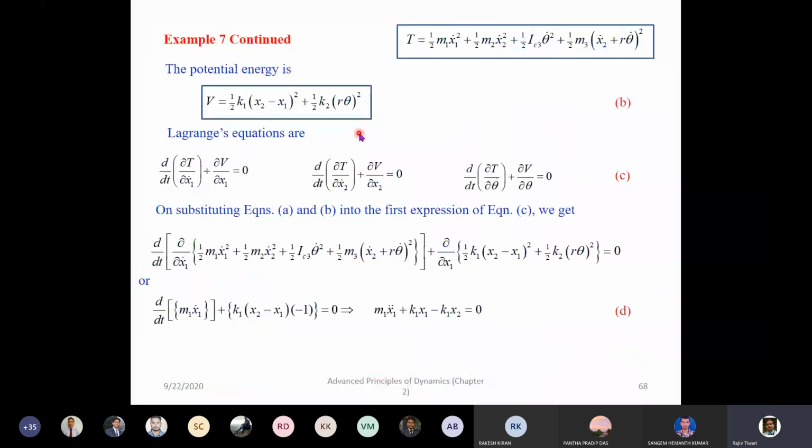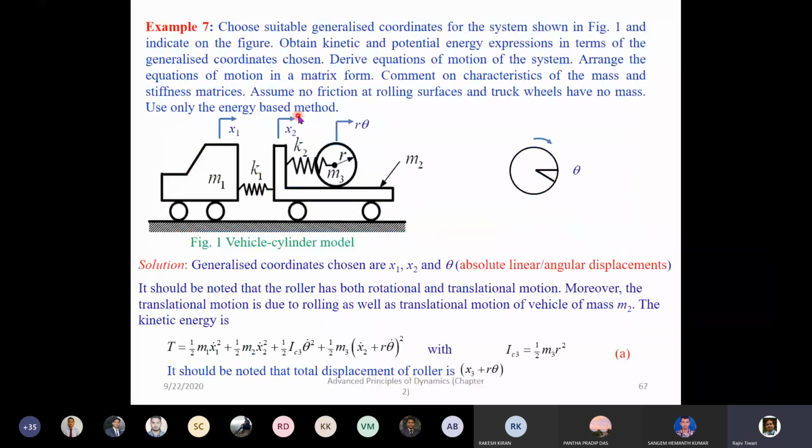But in the first spring, the difference will come because they are separate parts. Because this is mounted on the trolley itself and moving along with it, the extension of the spring will be just how much it is rolling.